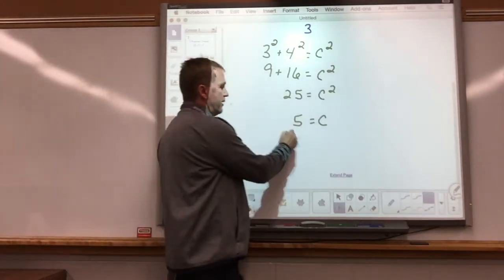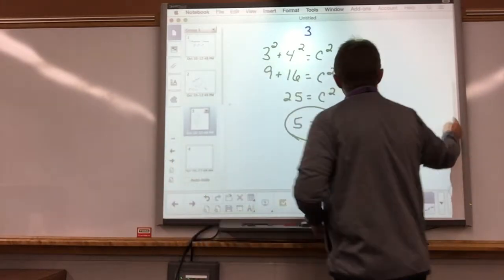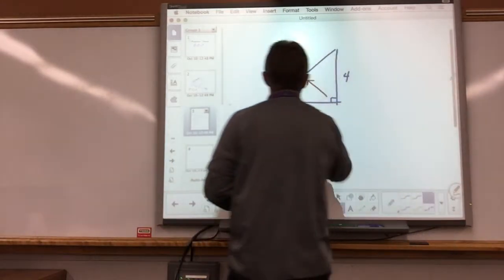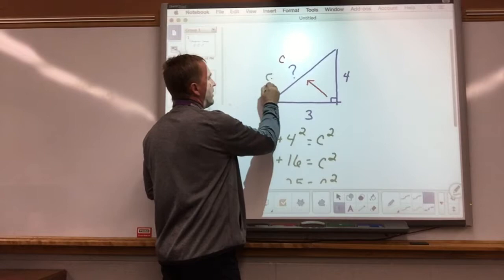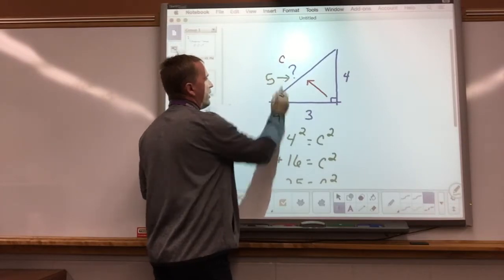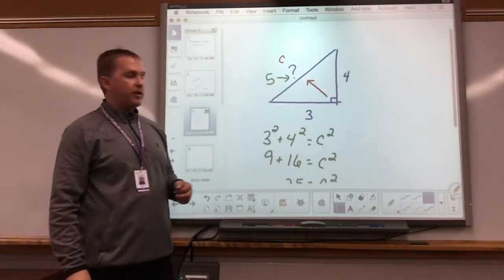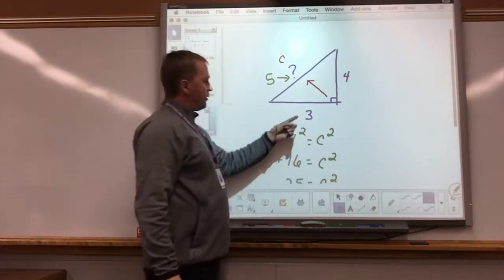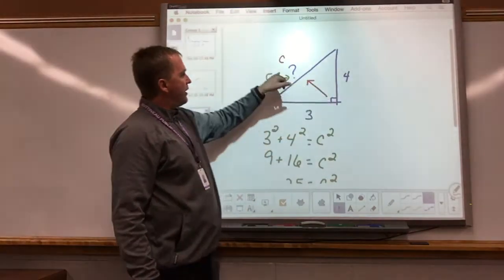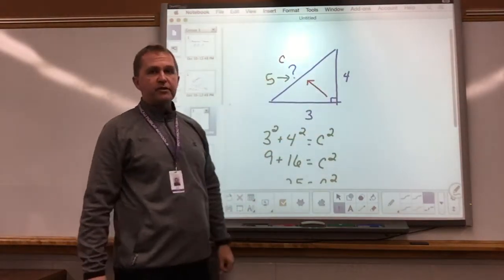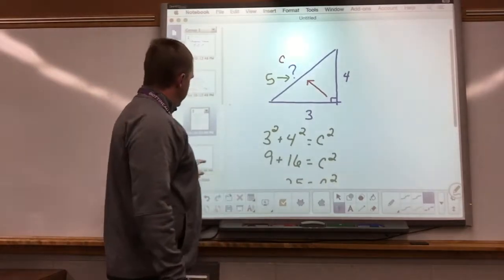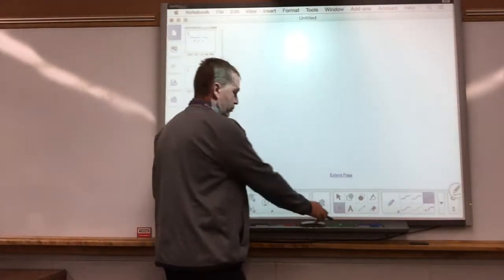Therefore, C turns out to be 5, and if I move back to my triangle, the length of this side right here would have to be the number 5. So based on the Pythagorean theorem, 3 squared plus 4 squared ends up being C squared, which is 5.